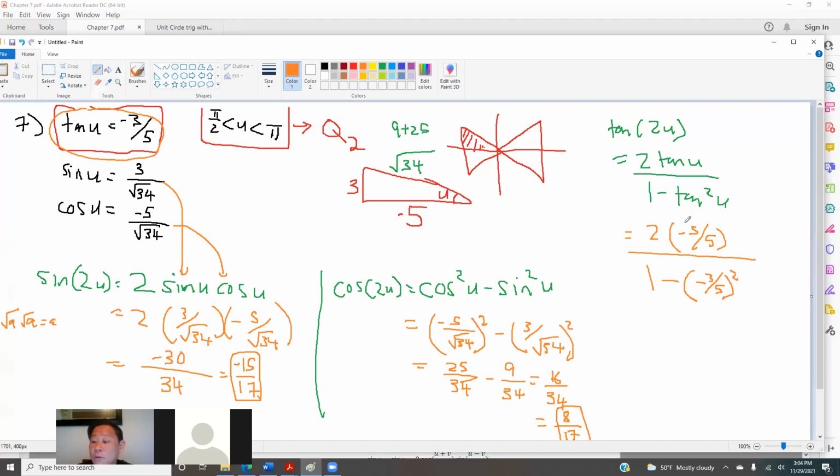You have to follow the order of operations. This one, you just multiply and get -6 over 5, since this is over 1, so multiply straight across. This one, when you square the -3/5, becomes +9 over 25. And you subtract it from 1, so 1 take away that, you get 16 over 25.